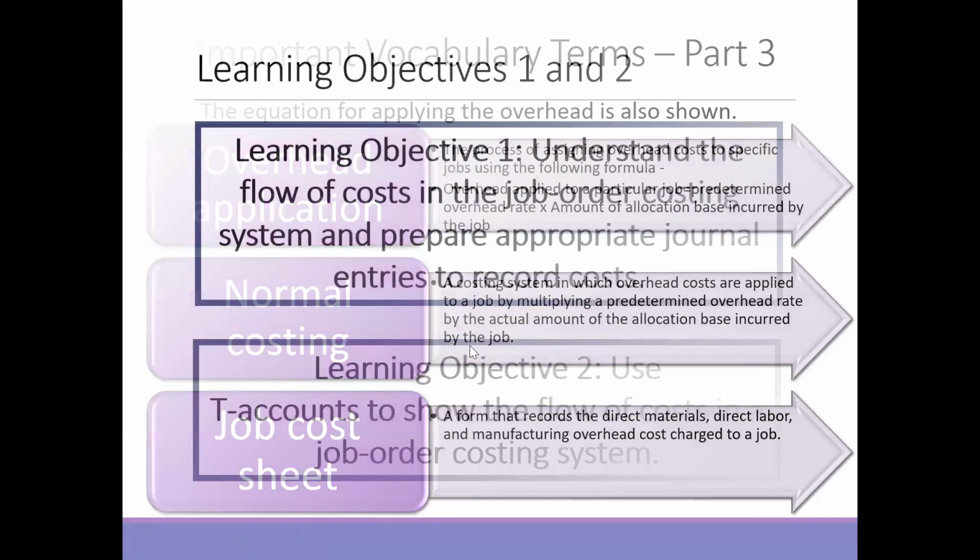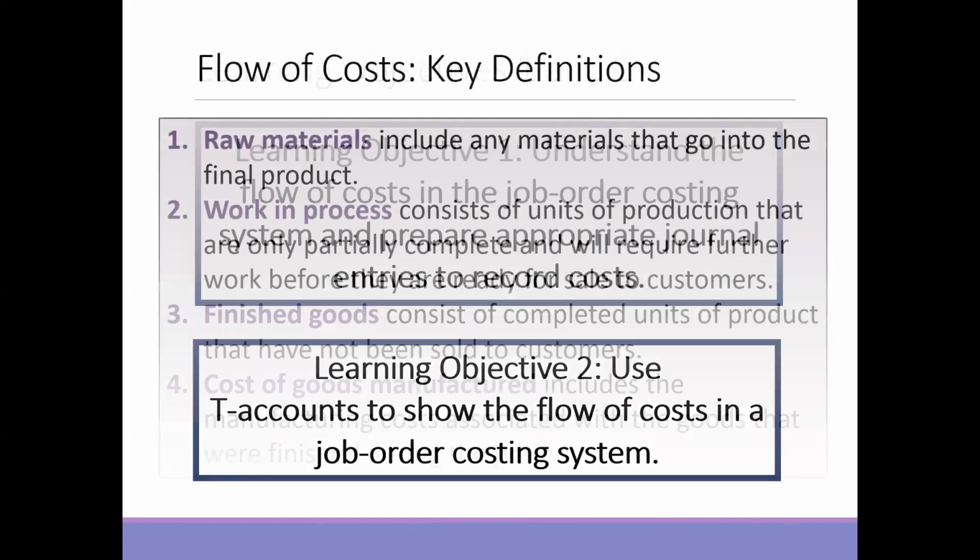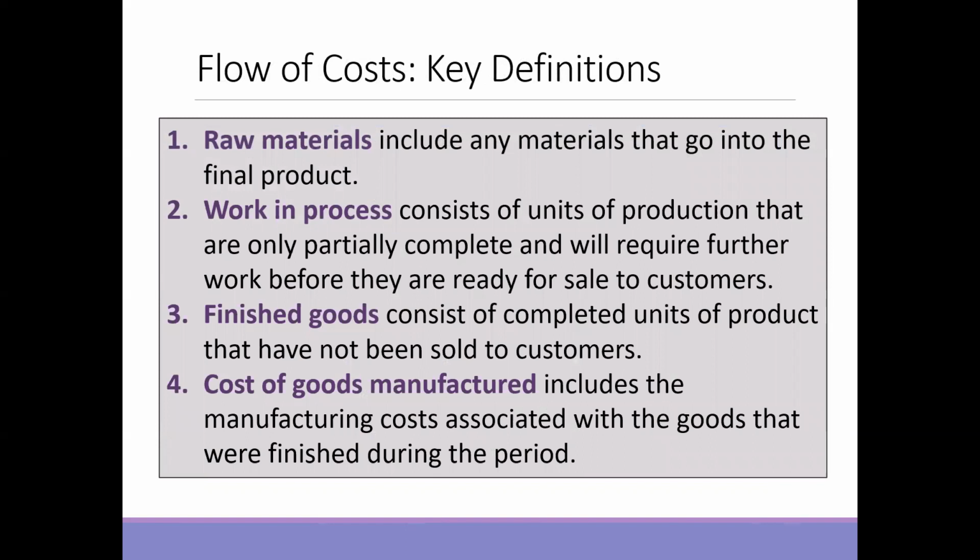So we're going to start with understanding, again, these job order systems. And this time around, we're going to start working on the journal entries. So we know raw materials are all the actual materials, products that go into the final product we're making.